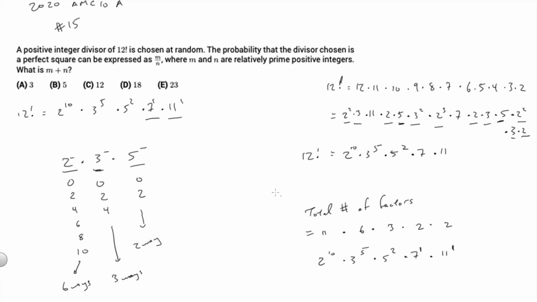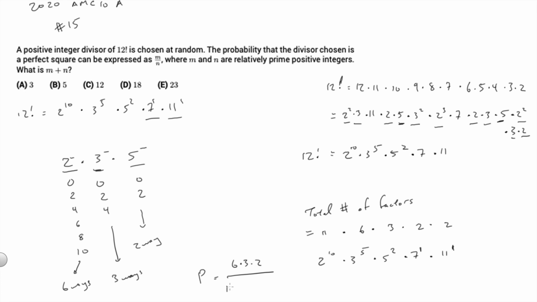Now, we want the probability, so the probability that we're looking for is equal to 6 times 3 times 2, so the number of perfect squares that we have, divided by the total number of factors that we have, which we found over here. And so now we see why I left it in this form, because it's very similar to what we have on top.